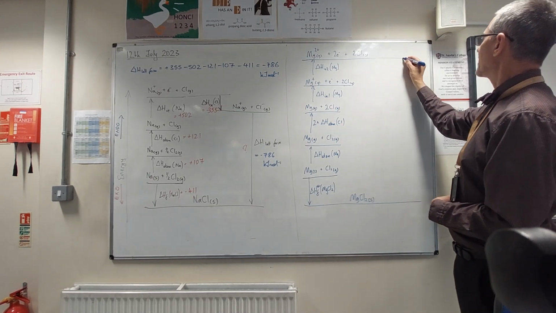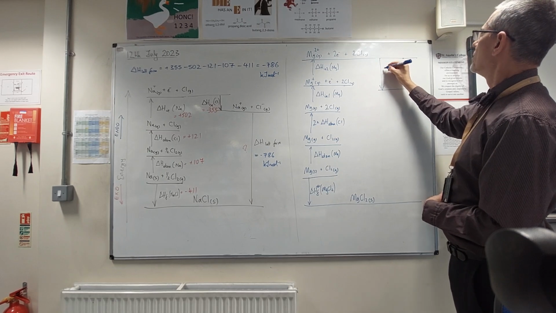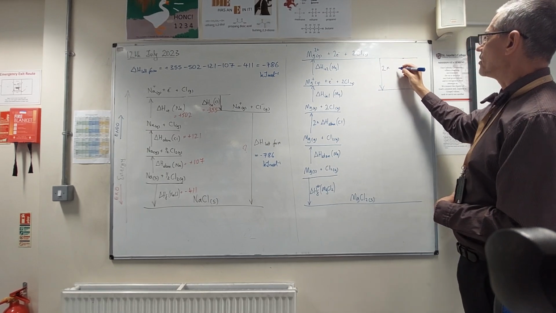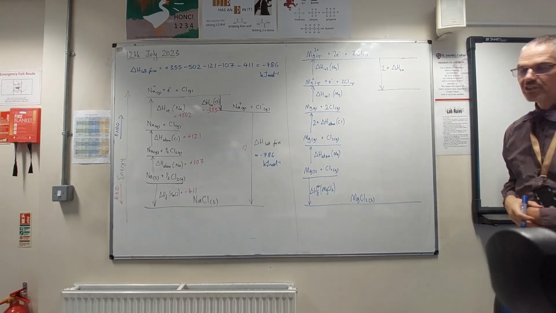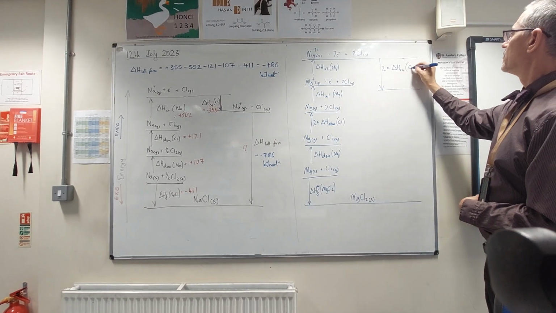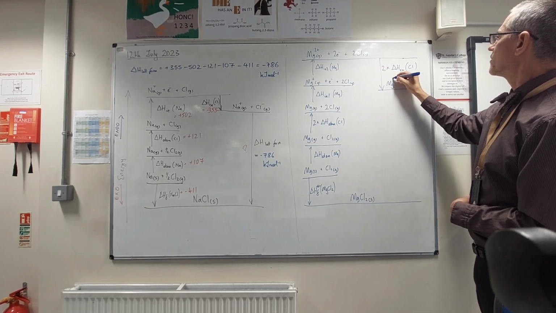Now we can come down again with 2 lots of the first electron affinity for chlorine. That would take my 2 electrons, give them to the chlorine.